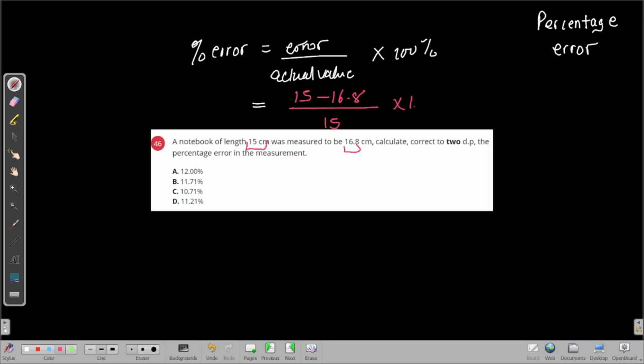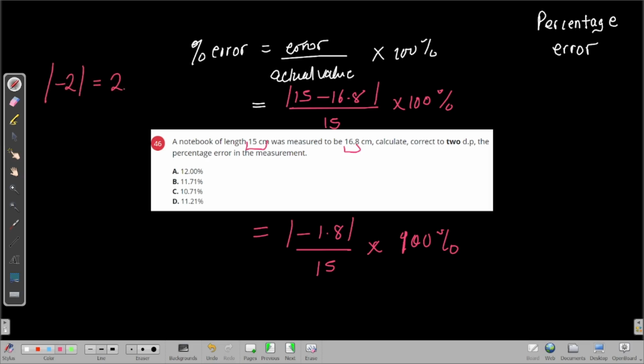Whenever you have a case like this, because you're going to get a negative answer, this is minus 1.8 over 15. Whenever you have a case like this, you use the absolute value. What is absolute value? The absolute value of a number is the positive value of the number. So the absolute value of minus 2 is 2. You have to remove the negative sign. For any negative number, you just remove the negative sign. It's that simple.